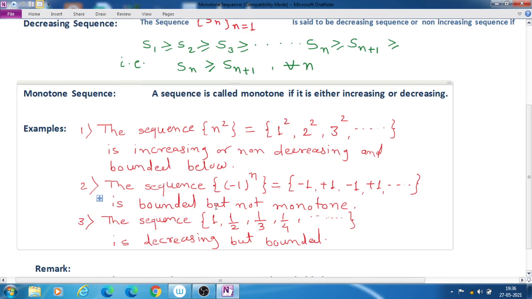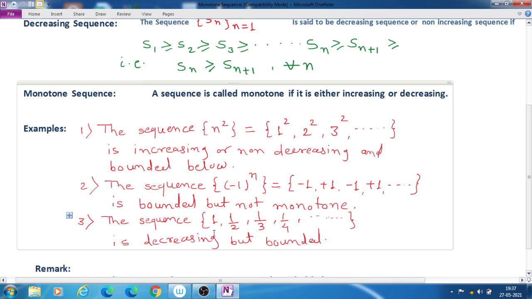But it is a bounded sequence, since its lower bound is minus 1 and its upper bound is plus 1. Therefore it is bounded above and bounded below, so it is a bounded sequence, but it is not increasing or decreasing. Therefore it is not monotone.